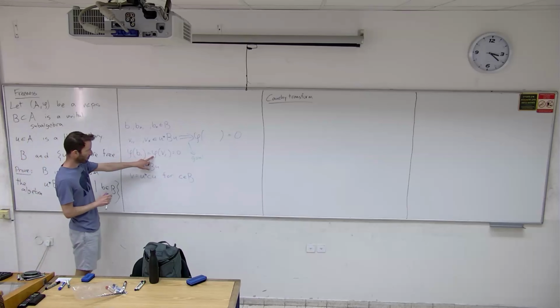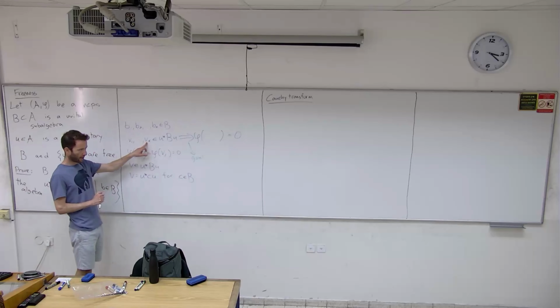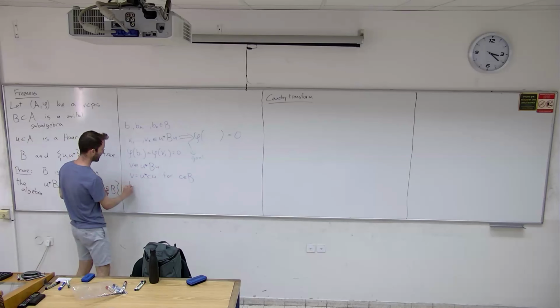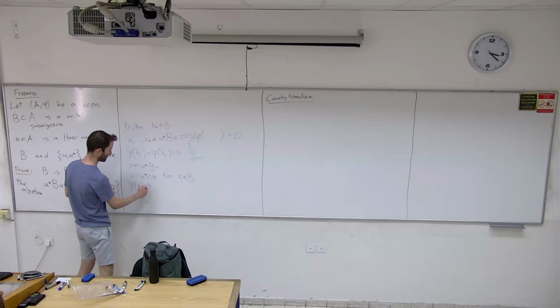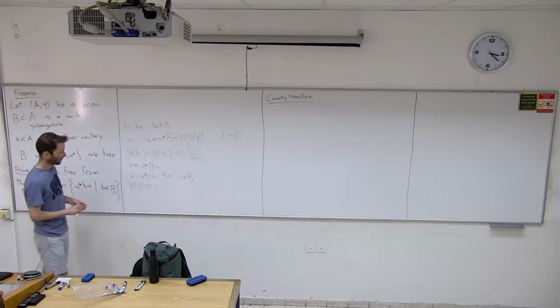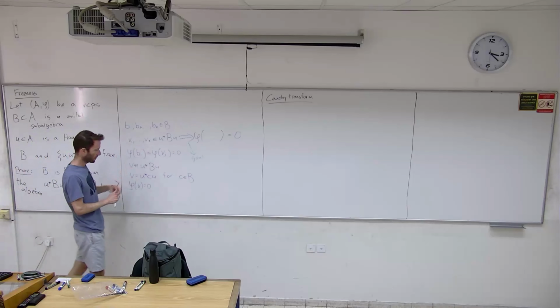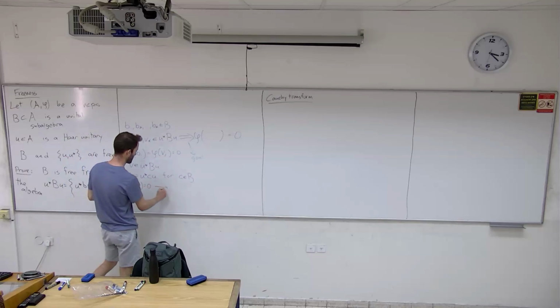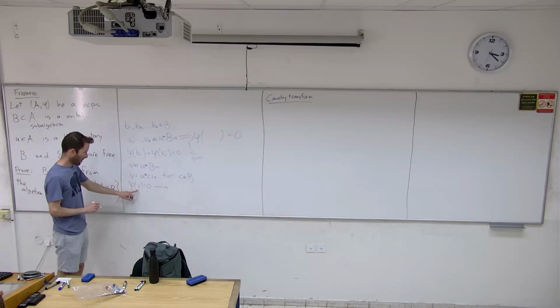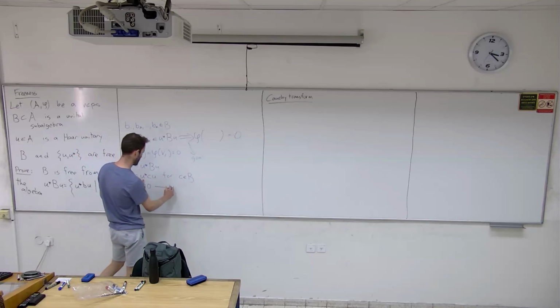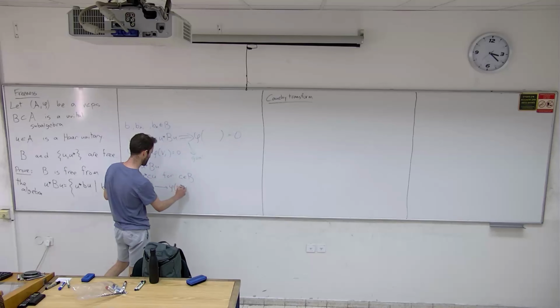And we also know from the condition on the left-hand side that phi of v equals 0, that's the case we care about. And so we know that phi of U star cU equals 0.